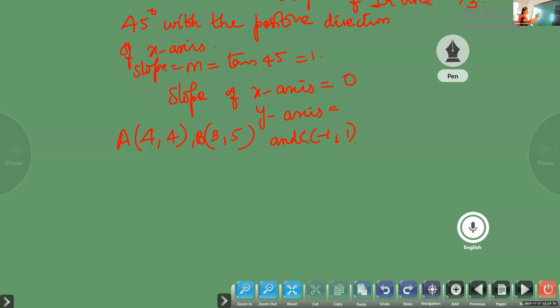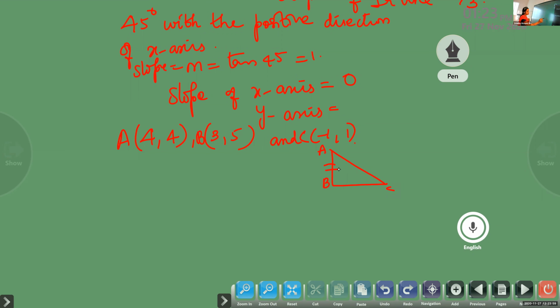So we are not supposed to use the distance formula, but we have to prove it forms a right angle triangle. How will you prove this? Two lines must be perpendicular. You find the slope of AB, the slope of BC, and sometimes the slope of AC.